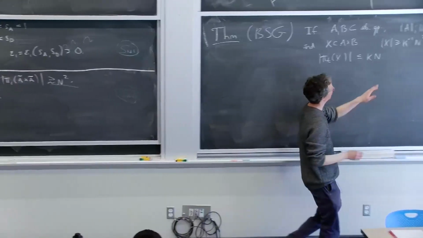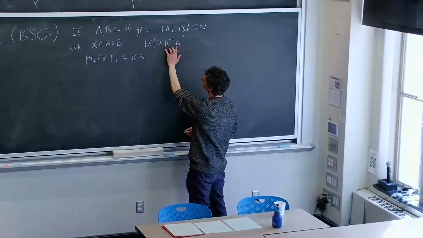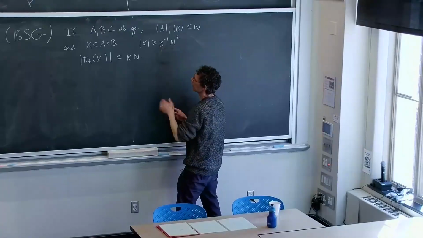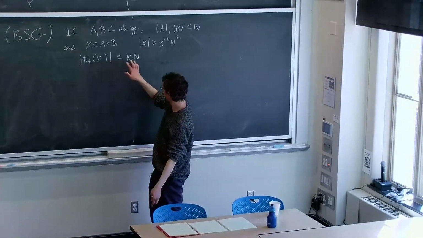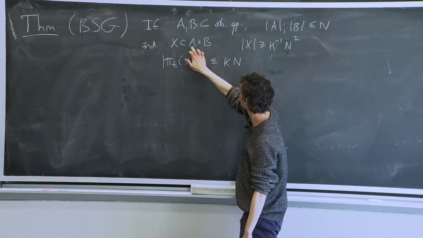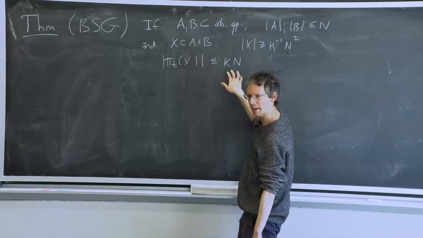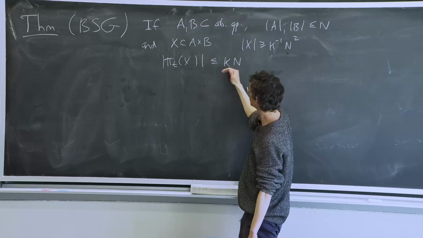Here I want you to imagine that k is a lot smaller than n. So this is a big chunk of all the pairs A and B. And the smallest this could possibly be is around n, because if you just fix one element of B, you'd have around n choices for this element of A. So that would already give you around n here. So this is almost as small as possible.